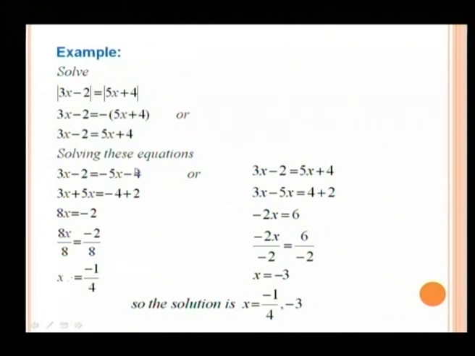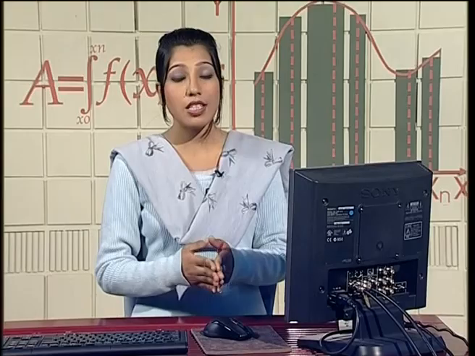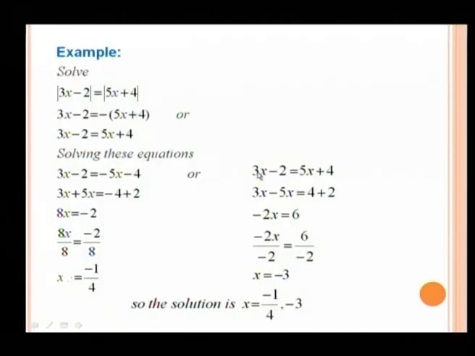Now by solving these two equations, first we would consider the negative case, which is 3x - 2 = -5x - 4. Here we have x = -1/4. Now we would consider the second case. We have 3x - 2 = 5x + 4.